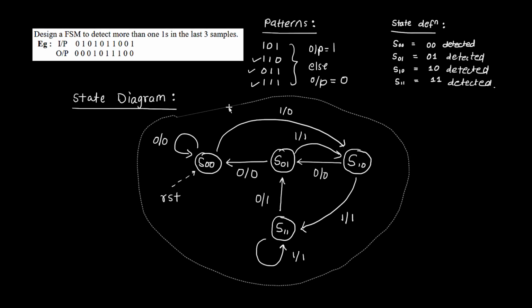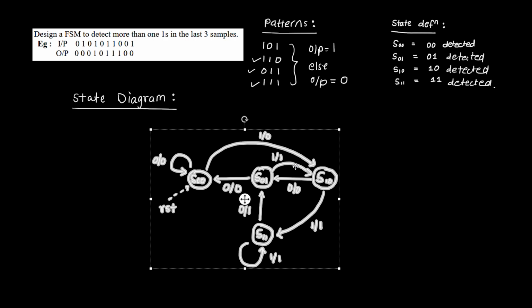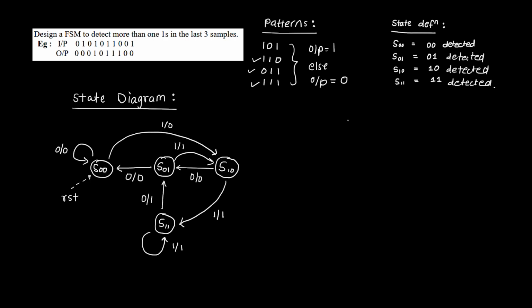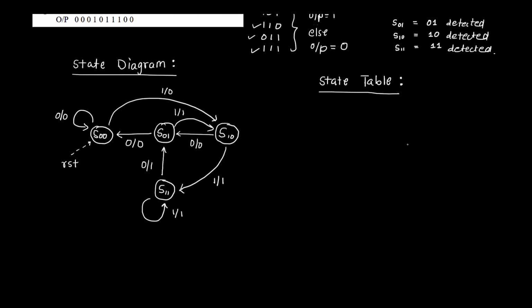Let me make some space. The next step is to make a state table. This will be useful for solving our K-map and eventually designing the sequential circuit.